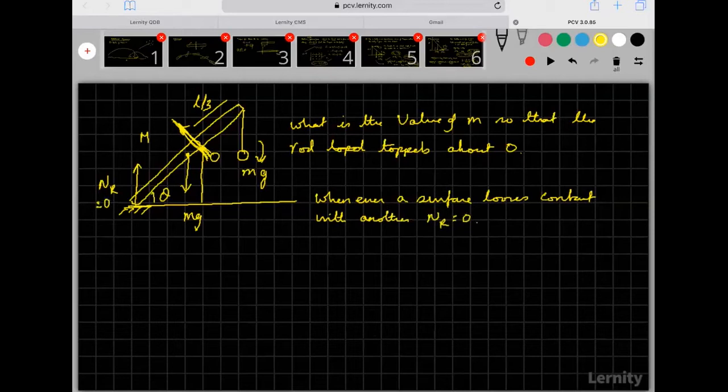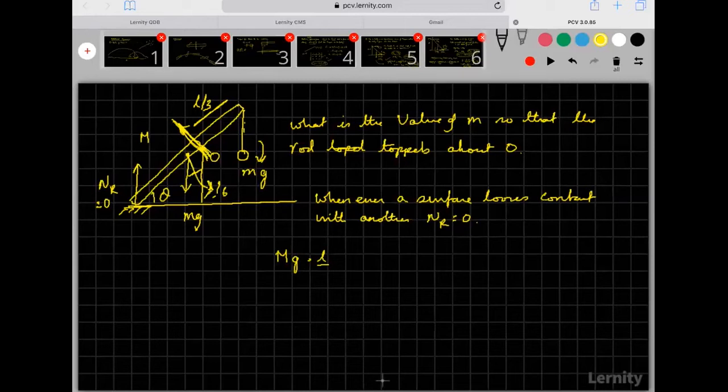So now you can understand it very easily because this is L by 3 here. This distance here is L by 6. This distance here is L by 6. That is L by 2 minus L by 3. So mg into L by 6. That is, I am talking about the moment of this force, which is anti-clockwise, and moment of this force, which is clockwise.